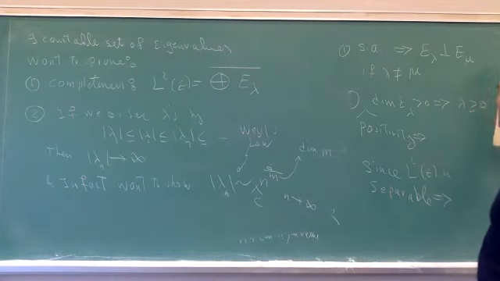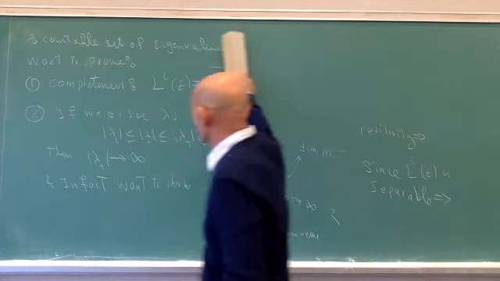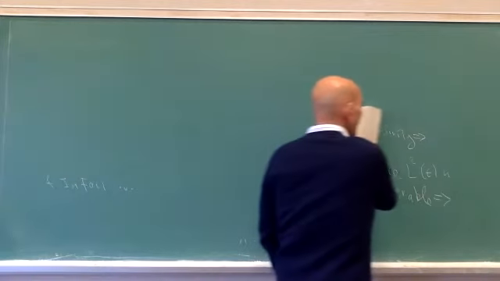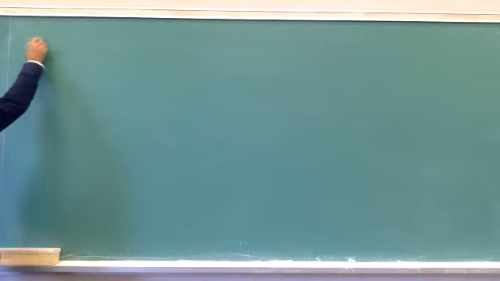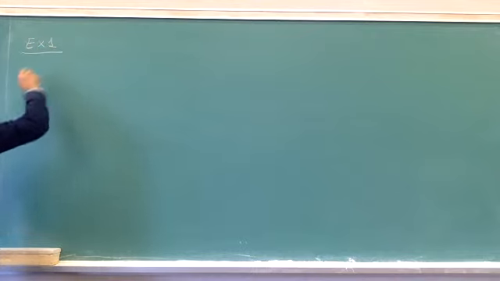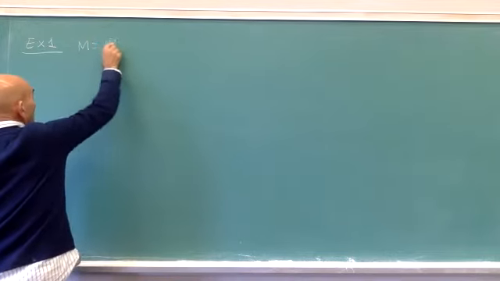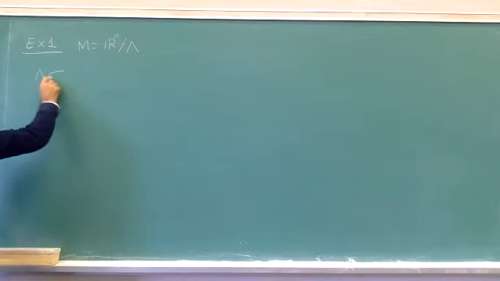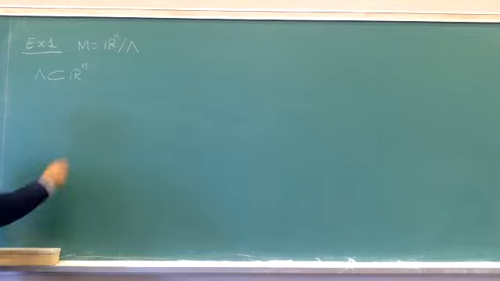Okay, so now, again, it's very important to look at examples. So this is example one. This time let M equal R^n mod Lambda, so Lambda inside R^n. So this is a lattice.